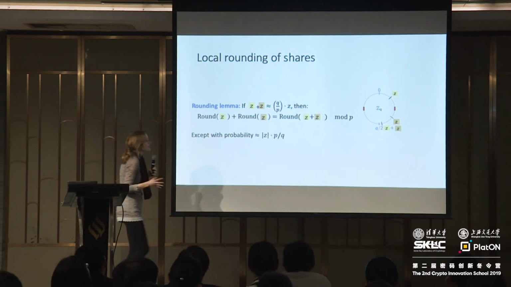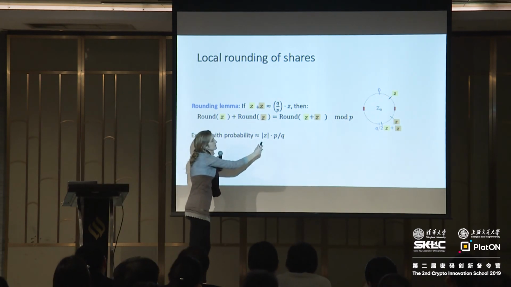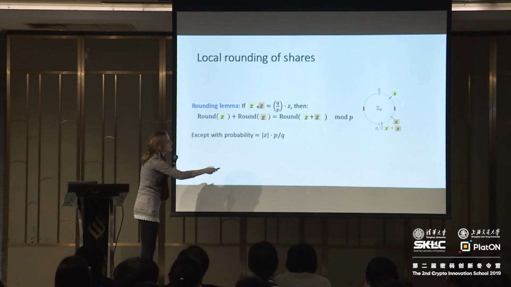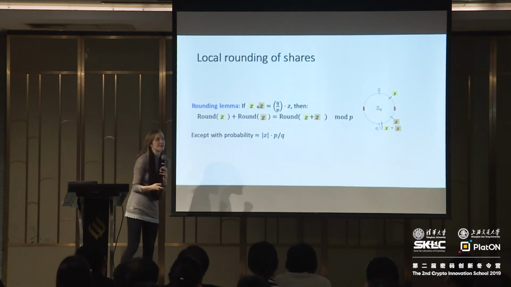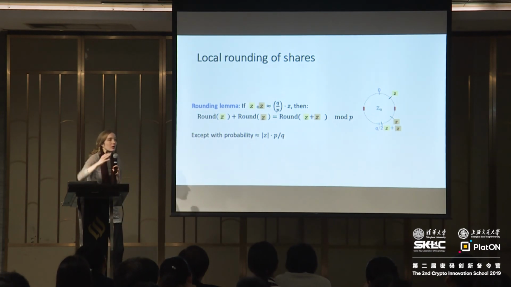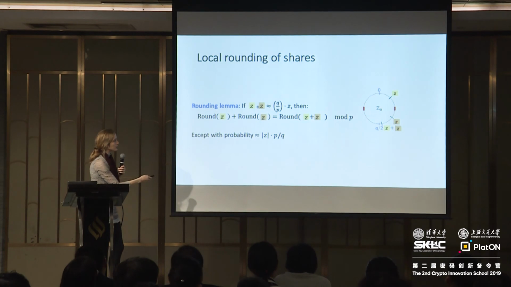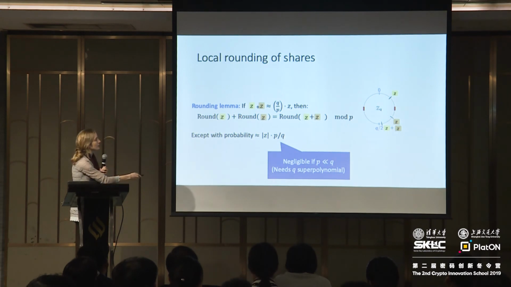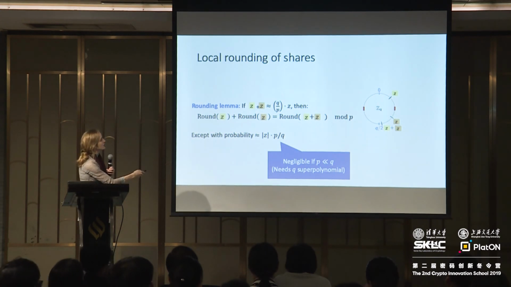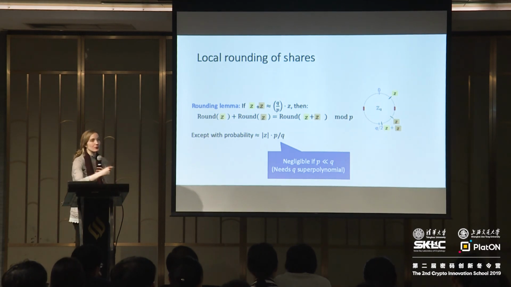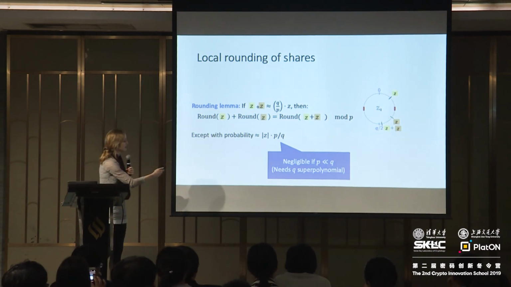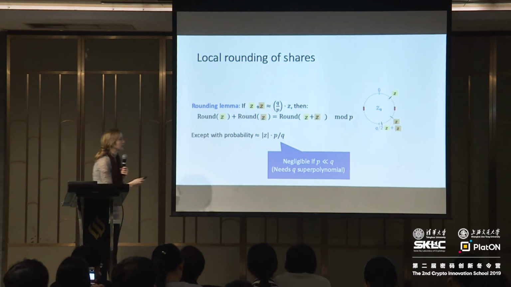The probability of this not taking place corresponds roughly to some small zones of bad shares, where we happen to straddle one of these edge points. The probability of these bad events depends on the size of the payload, how far the shares are apart to begin with, times this value q over q.